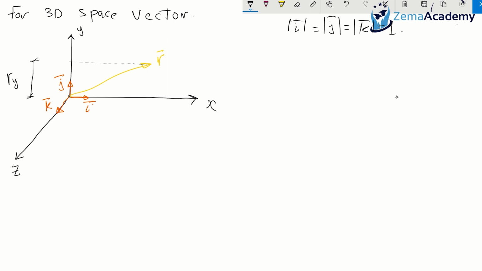Now, for the projection of R in x-axis, what we have to do is project R first in the xy domain, the plane. And then that projection of R in xy will be projected in x and y then.